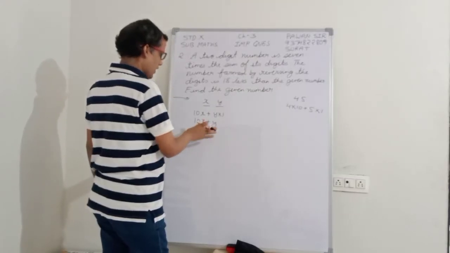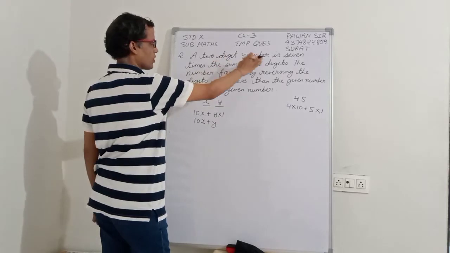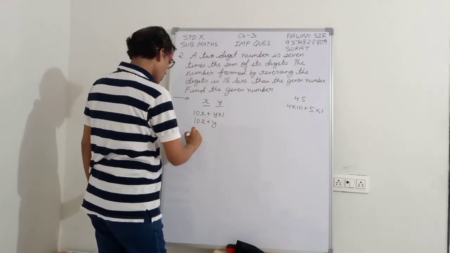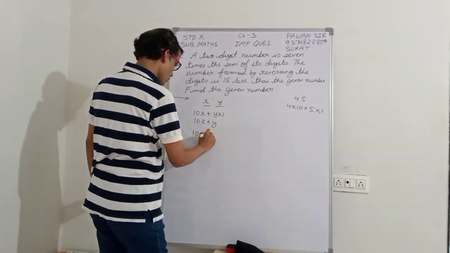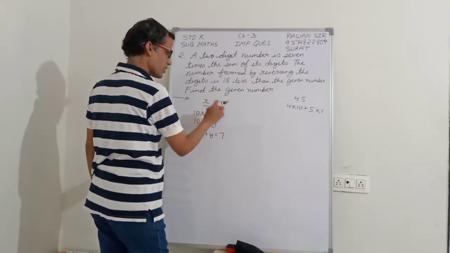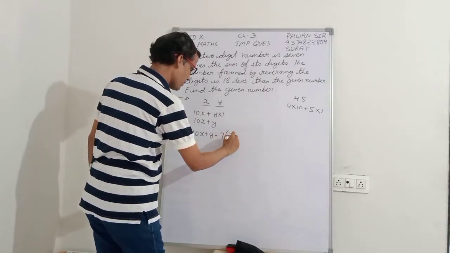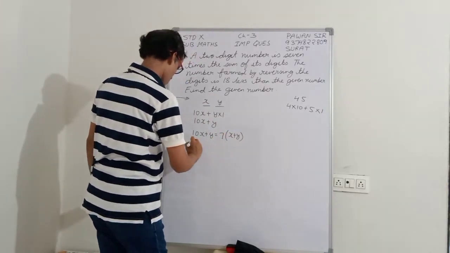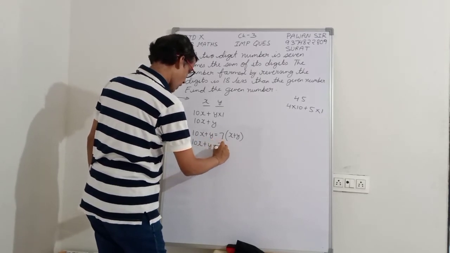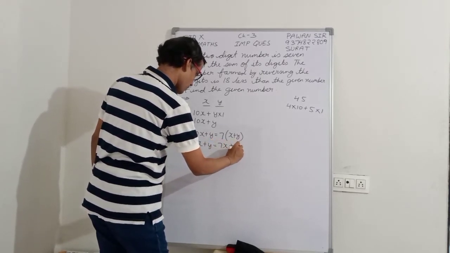And this is equal to the number, the two-digit number is 7 times the sum of digits. Sum of the digits is x plus y. So 10x plus y is equal to 7x plus 7y.